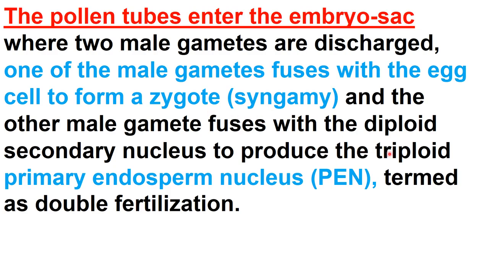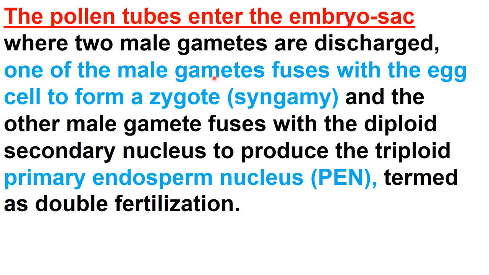That's why the structure formed after the fusion of these three will be a triploid structure, right? So this is called triple fusion also. So the triploid primary endosperm nucleus, that is also called PEN, will be formed after the triple fusion, and this complete process is called double fertilization, because fertilization is occurring two times here.